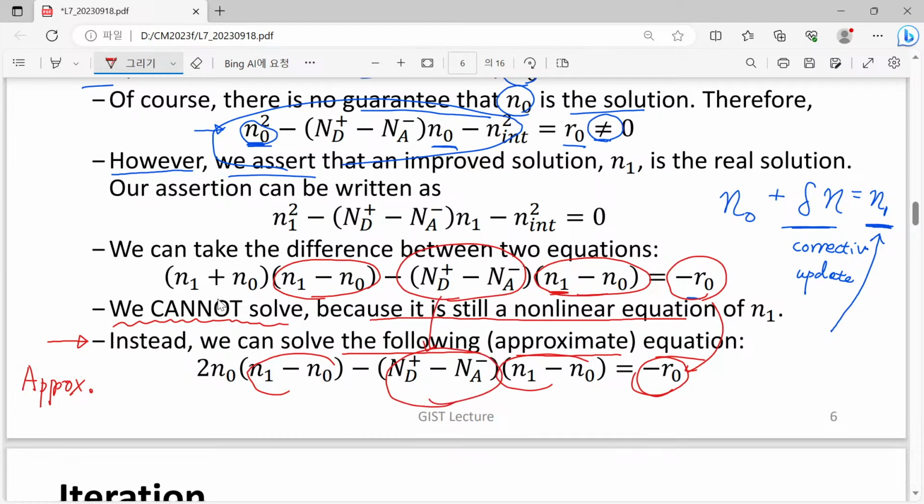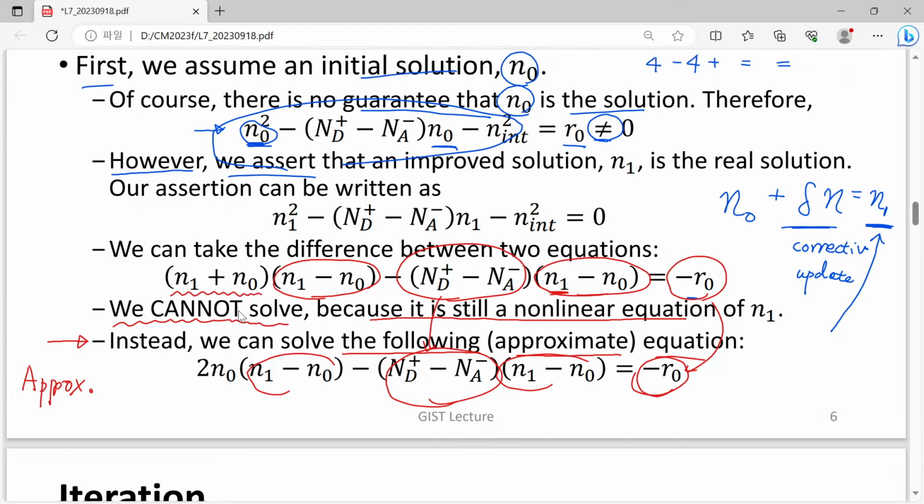We know it. The only problem is related with this one. Here we have n1 plus n0. Since it contains n1, we cannot solve it. But in this approximation, we will say that, okay, I will just use 2 times n0.